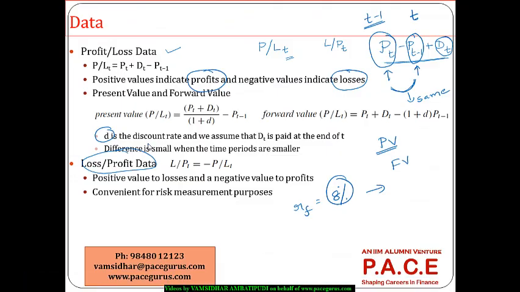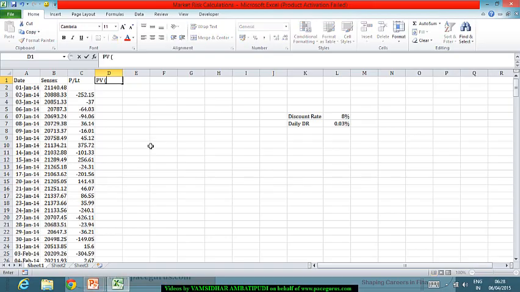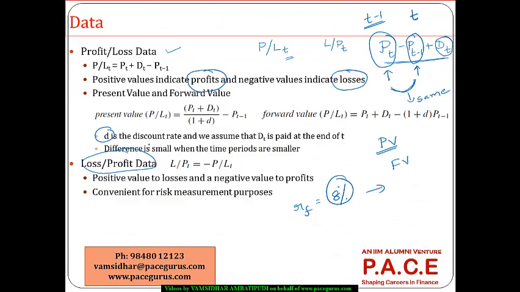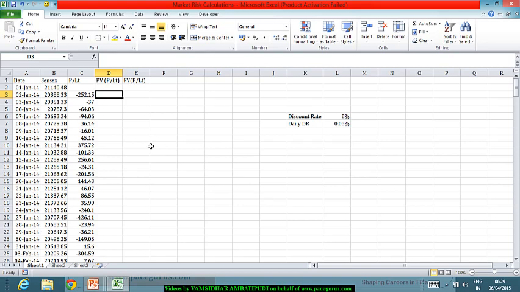Which means from here I can find the present value of P/L_t, or I can find the future value of P/L_t, either of the ways. If I have to compute the present value, I am simply looking at the price of the period t and discounting it by 1 trading day, and from this I am subtracting the previous price.